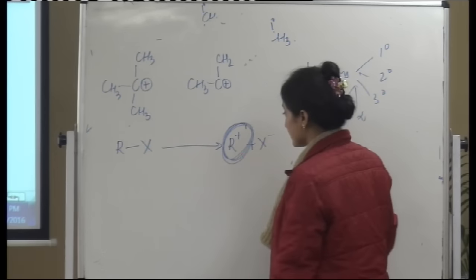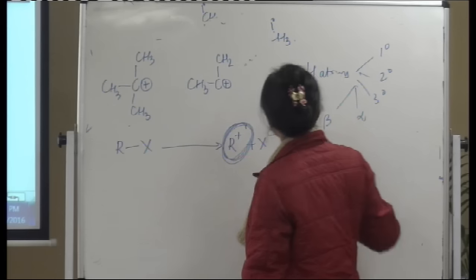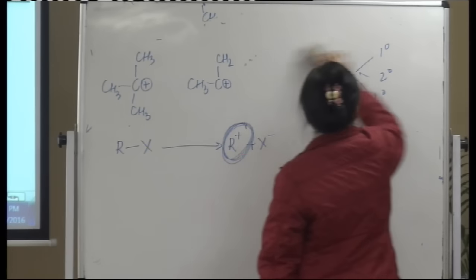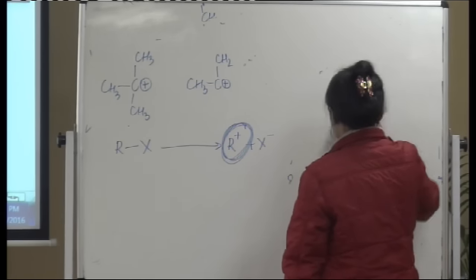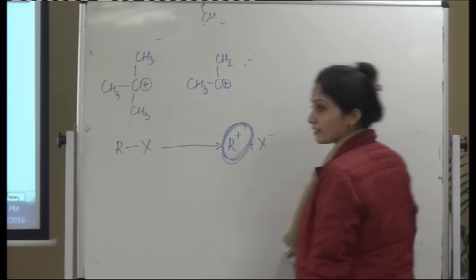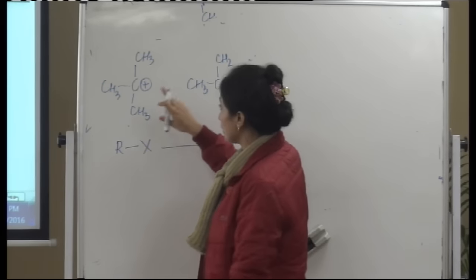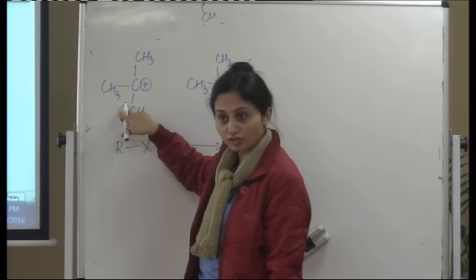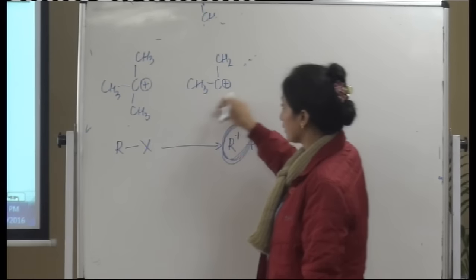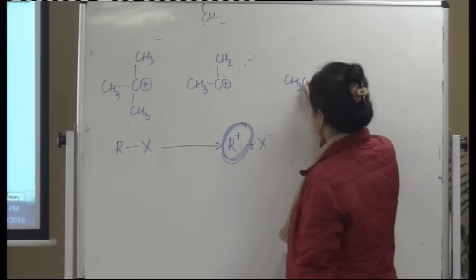Now for that stability, if you talk about the reactivity of tertiary haloalkanes, secondary haloalkanes and primary haloalkanes, you should know that tertiary is the most reactive, followed by secondary, followed by primary.